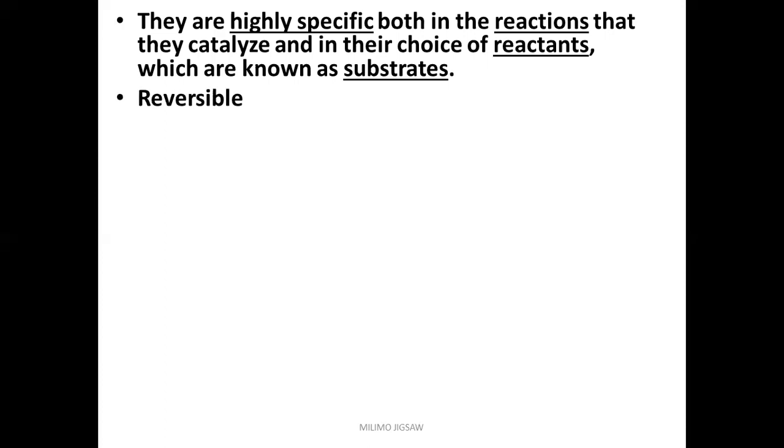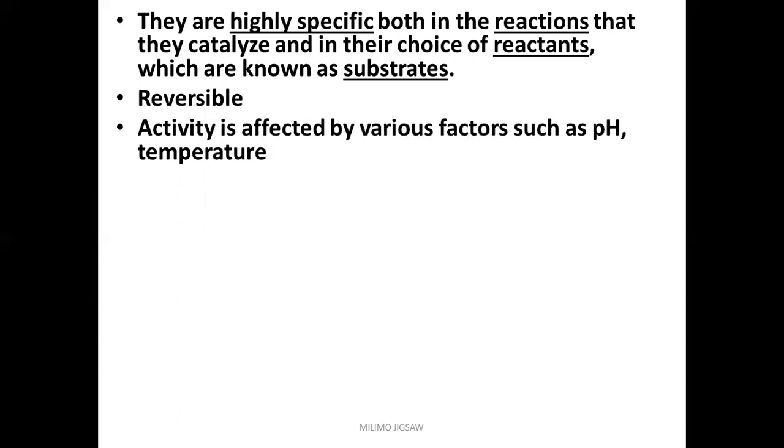The reactions that these enzymes perform are reversible, so they can go in either direction, forward and backward reaction. And then enzymes are affected by various factors, as we are going to look at later. For example, the pH, the alkalinity and acidity.